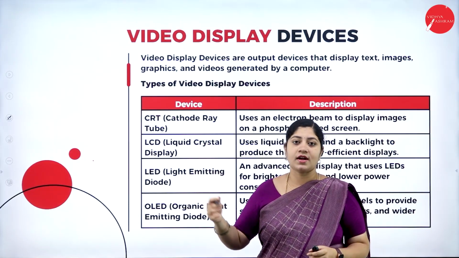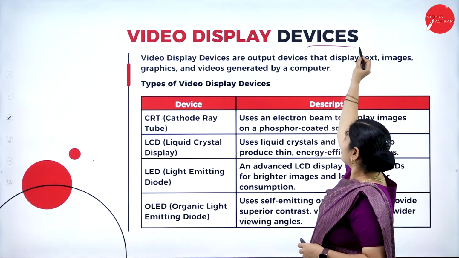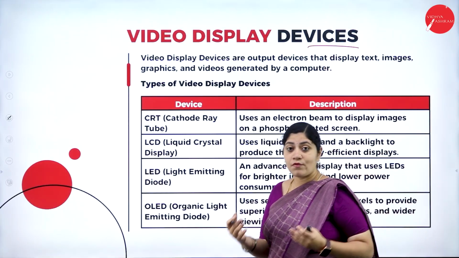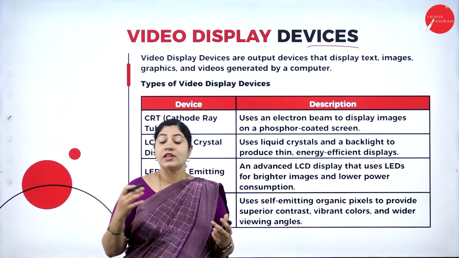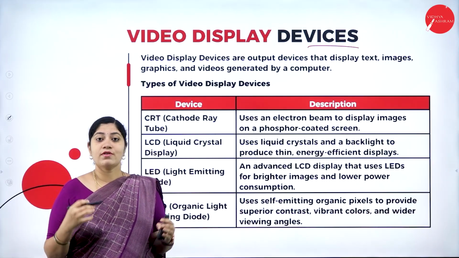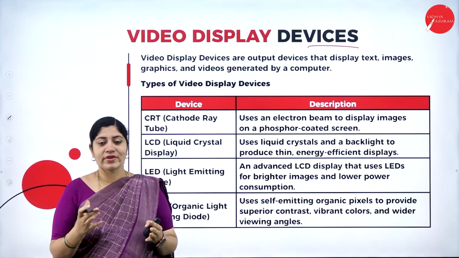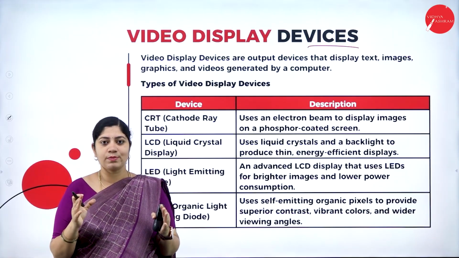Let's move forward and understand the video display devices. So we have created a very useful and very creative graphic now. So in order to display that creative graphic, we need an efficient display monitor, correct?